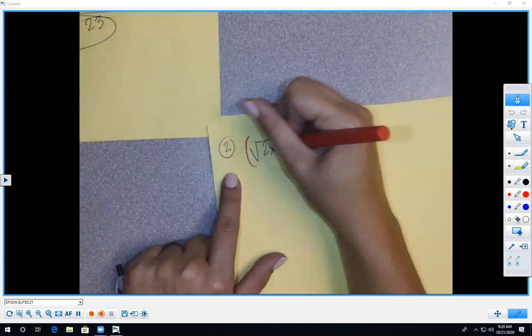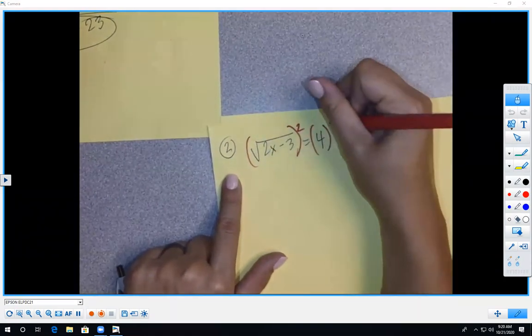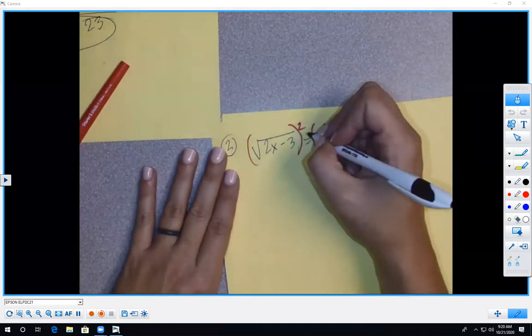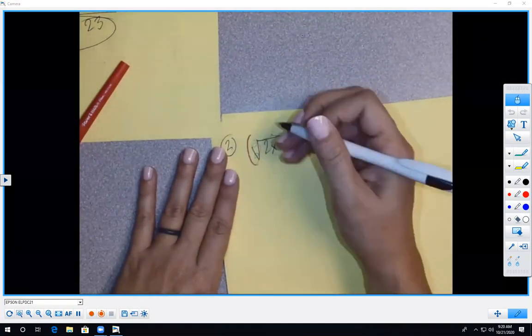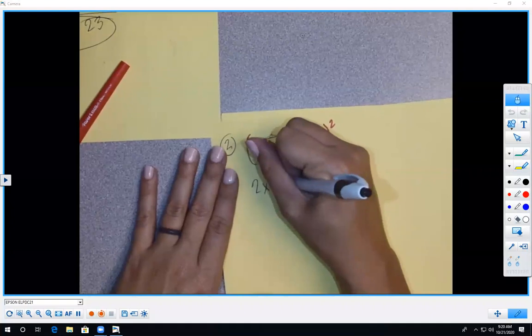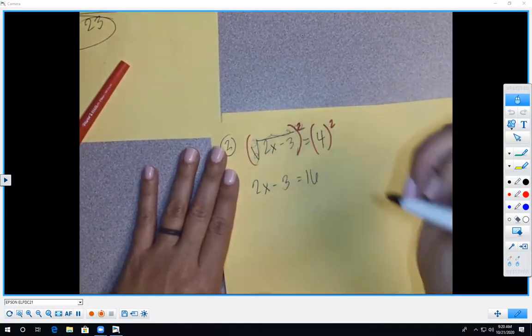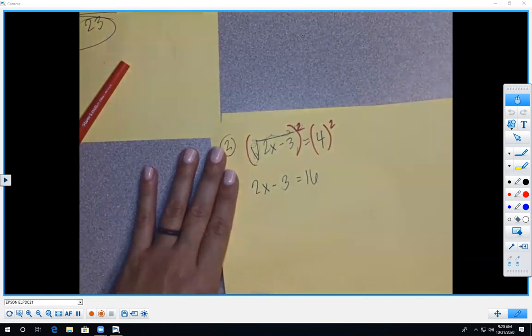So we need to square both sides. So the square root of 2x minus 3 squared, the square and square root undo each other. I'm left with 2x minus 3 equals, what's 4 squared? 16.